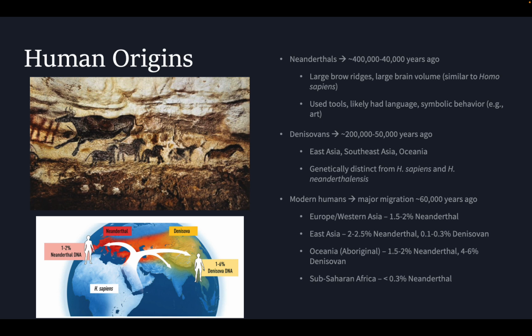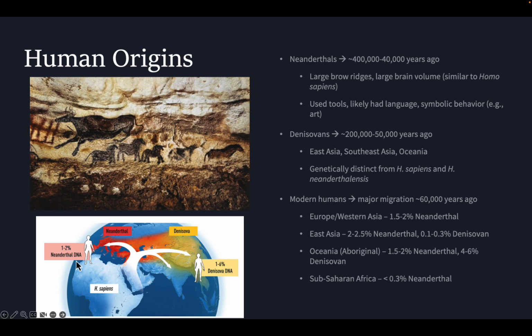But the Neanderthals and the Denisovans most likely migrated out first. Then, about 60,000 years ago, there was a big migration of modern humans, Homo sapiens. Based on our analysis of Neanderthal and Denisovan remains, even though we were technically different species, there was a significant amount of interbreeding.